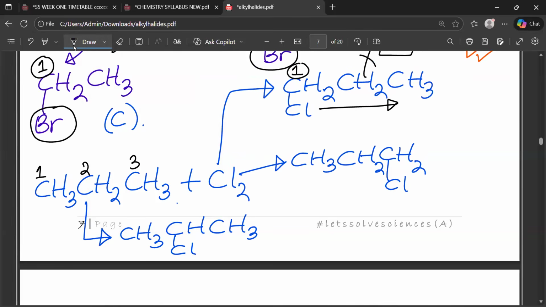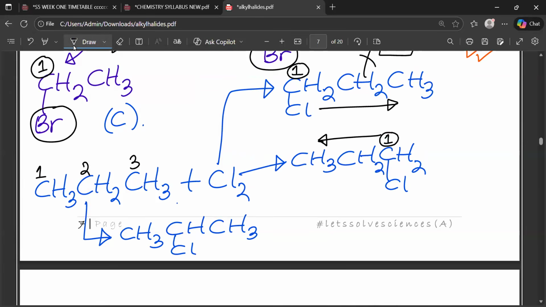Hope you get. When I go to the second, considering the lowest possible position, I will have to take this direction so that I still give this carbon position 1, which is the lowest possible.